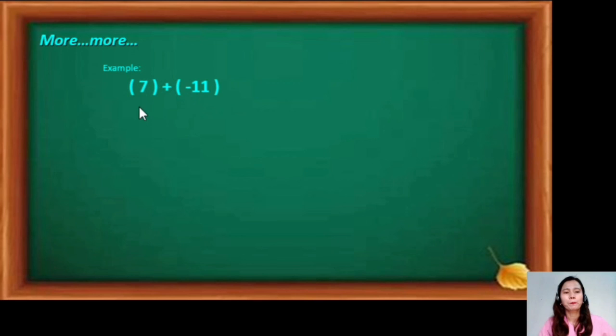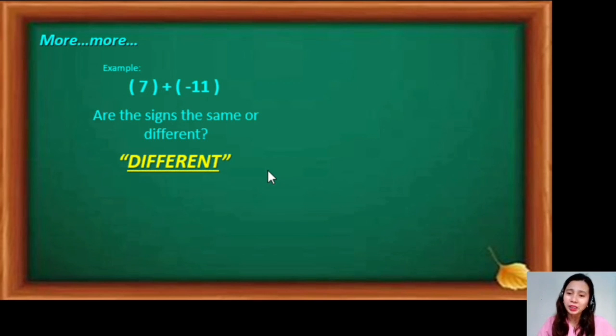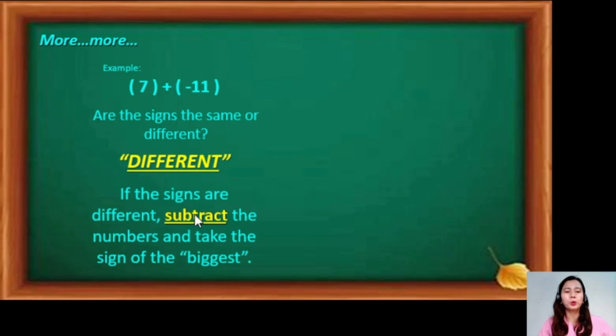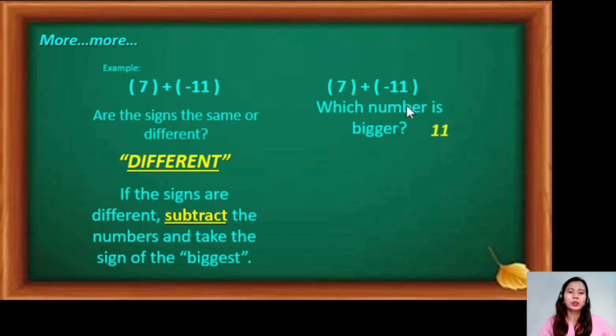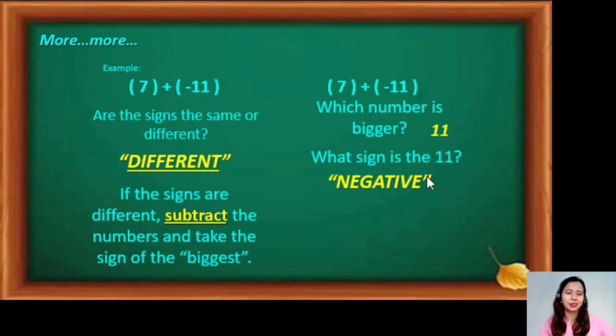Okay, next. 7 plus negative 11. Are the signs the same or different? Okay, correct, different. So, we are going to subtract. Next, which is greater, 11 or 7? Yes, 11. The sign of 11 is negative.